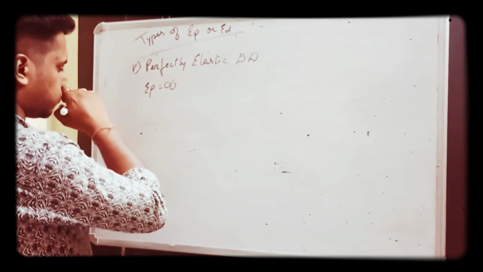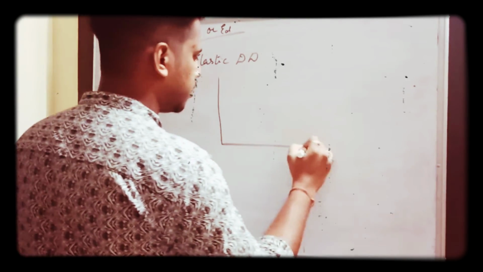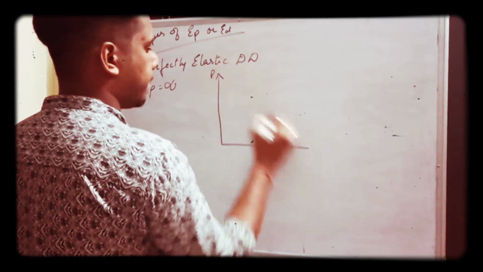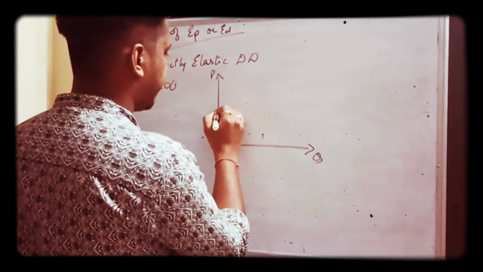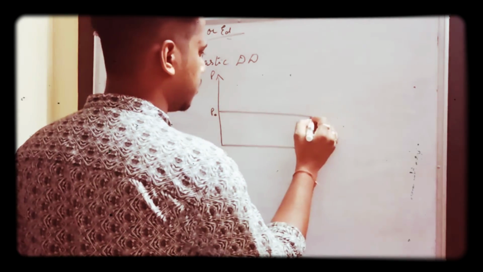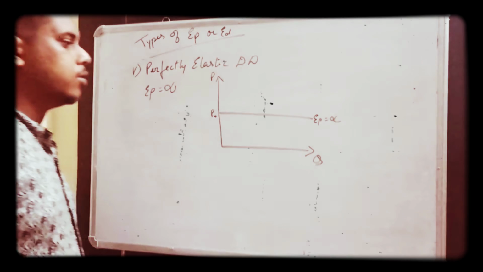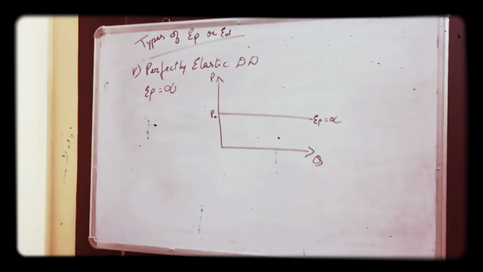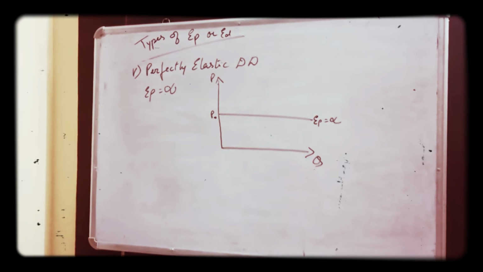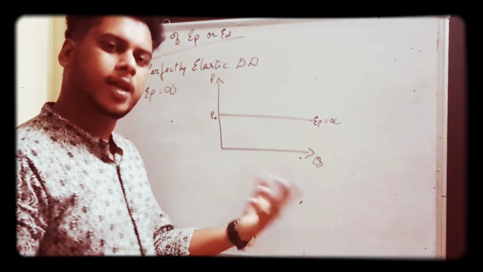And over here the diagram is of this shape. Okay. So in case of the last elasticity, that is the perfectly elastic demand, the demand curve is a horizontal line parallel to the x-axis.